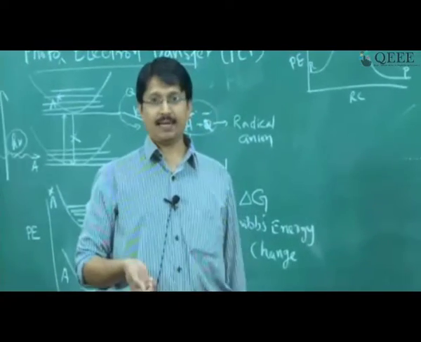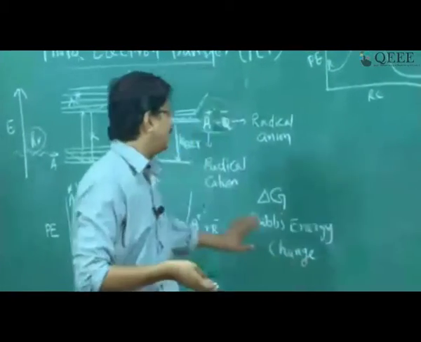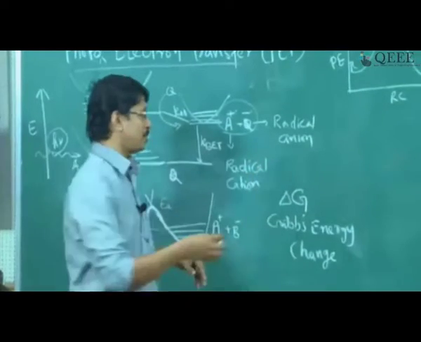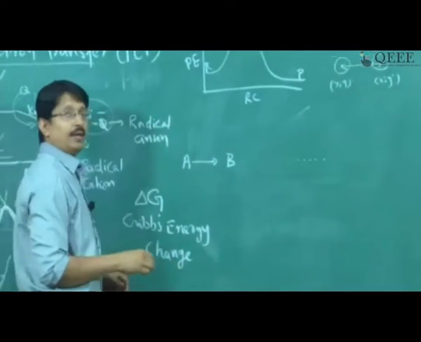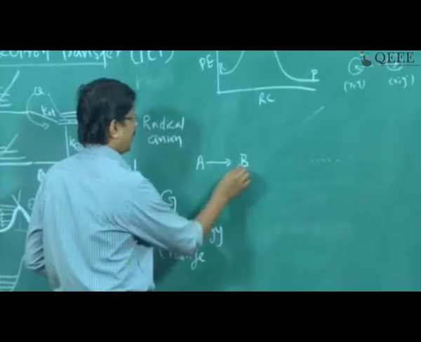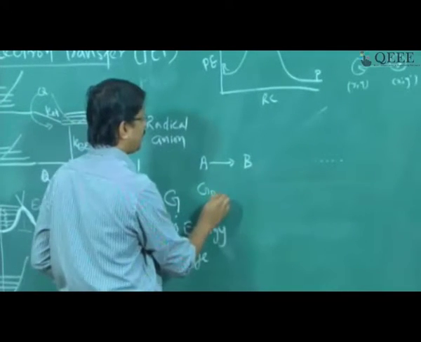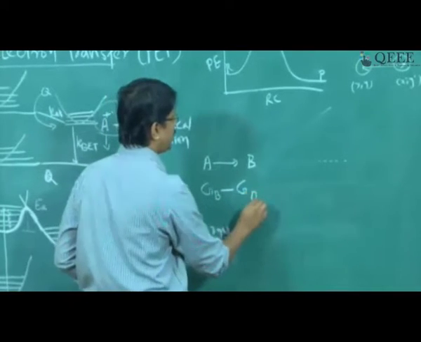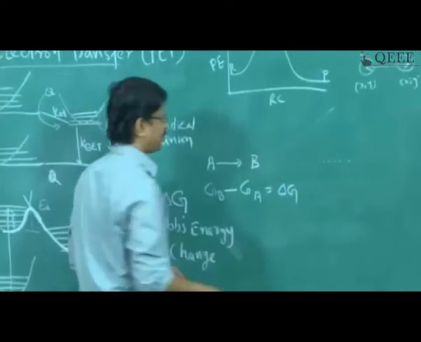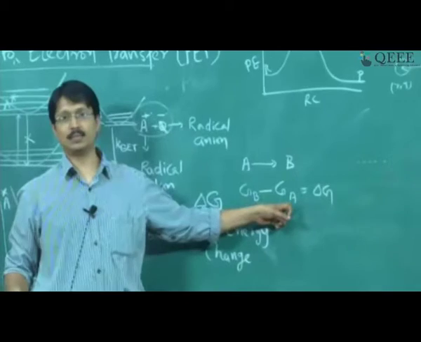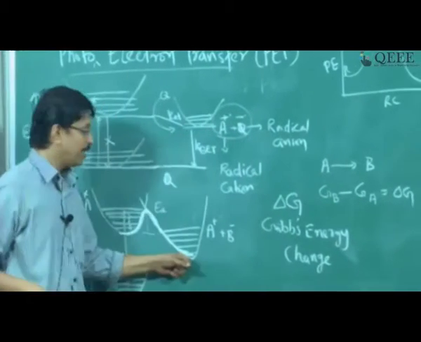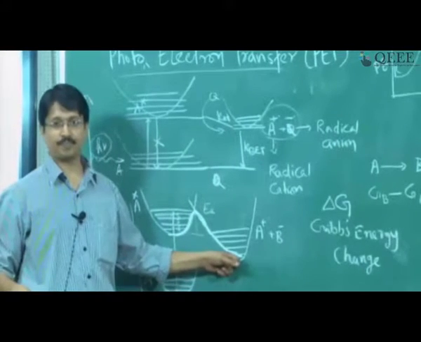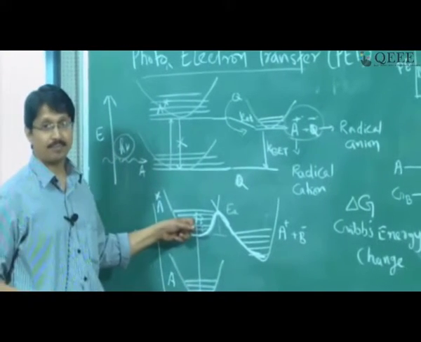How do we determine that? So delta G, negative or positive for any process A going to B, is calculated as the Gibbs energy of B minus Gibbs energy of A. Product minus reactant. Okay. So here this is the product and this is the reactant.